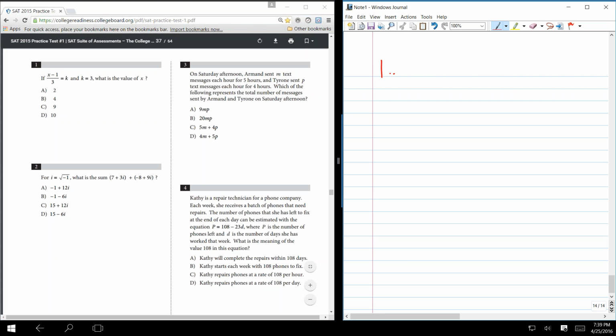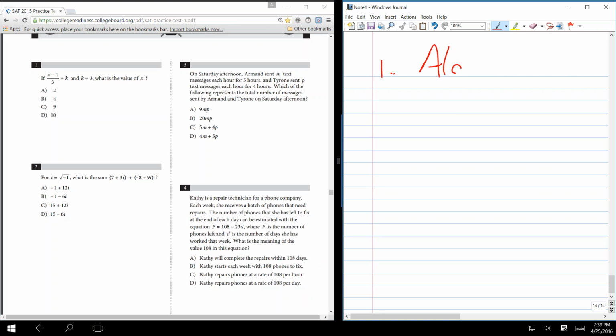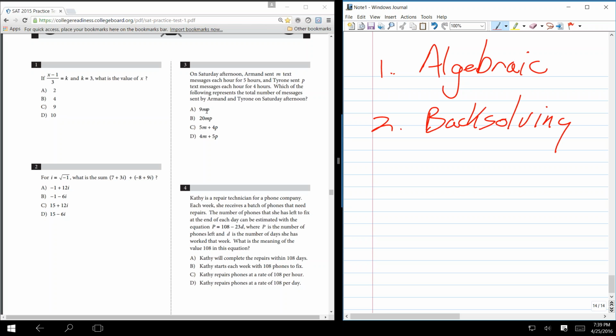There's three ways to solve these problems. There's algebraic, the traditional mathematic way. There's back solving, where you just start with the answers and see if that's the right answer or not. And then a third way is to pick numbers and then back solve.